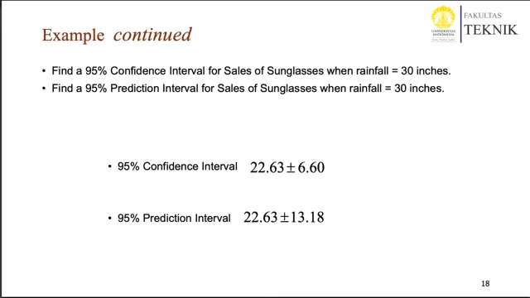Based on the previous example, we need to calculate the confidence interval and also the prediction interval. For example, we have a 90% confidence and prediction interval. We have two different values. We see the error for the prediction interval is much higher compared to the confidence interval, because for this prediction interval we have unseen data.